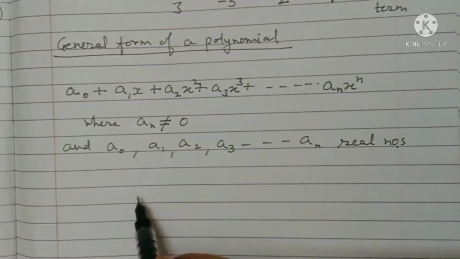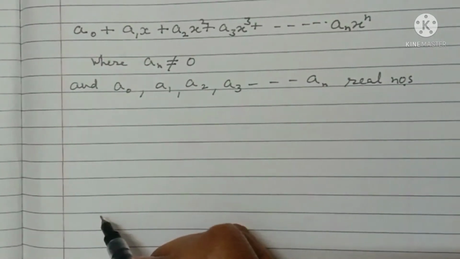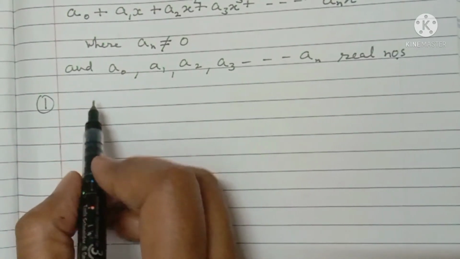Now types of polynomial. Here are different types of polynomial we are taking. First is linear polynomial.